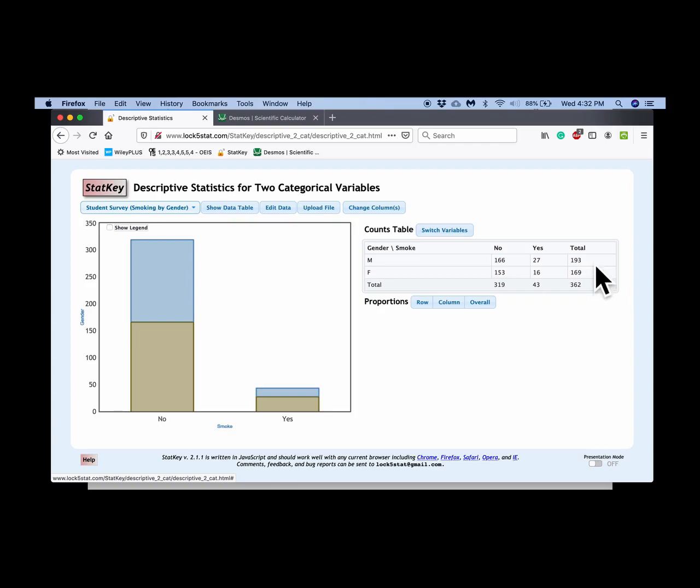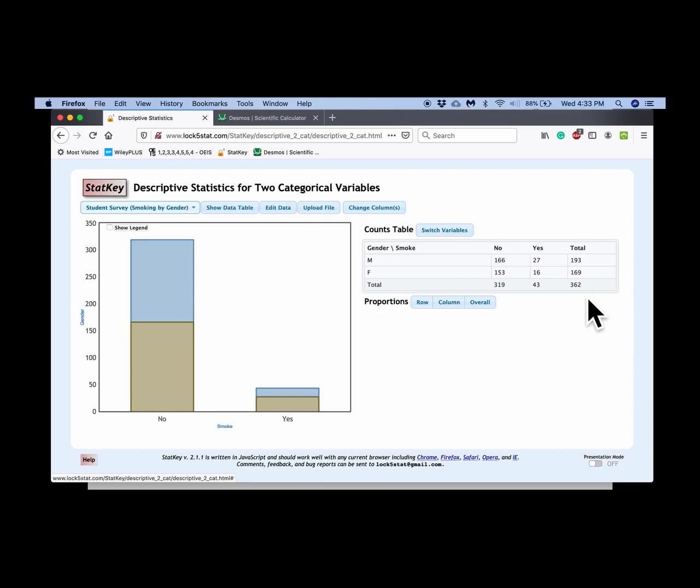Those give us the totals just for that single categorical variable. The columns address smoking, yes or no, and we can see that 319 of the students said they do not smoke, and 43 said that they do smoke, and again, those numbers add up to 362. That's the information in the margins here.